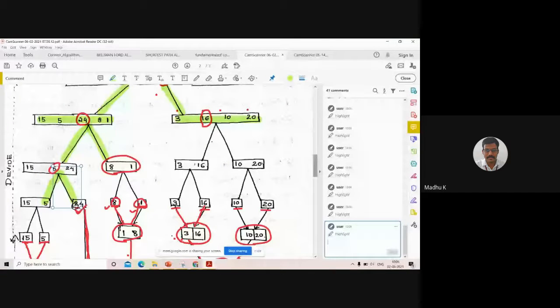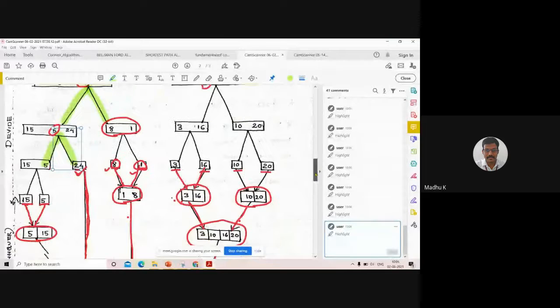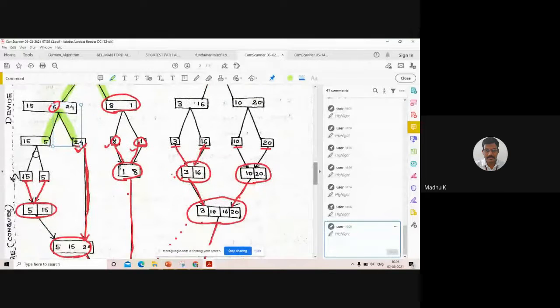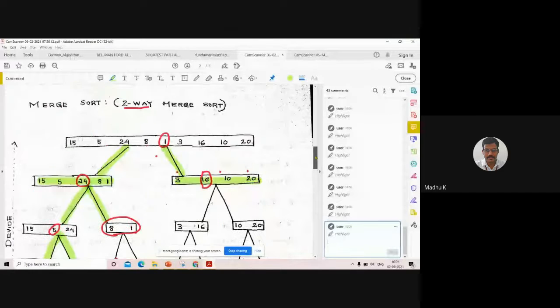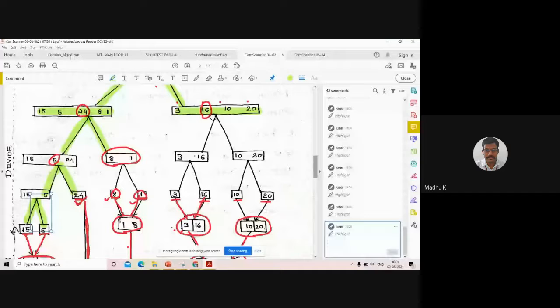Then we will divide it in this way. So this is called the division step, that is from top to bottom we will divide the problem. In this way we will divide all. We will also divide this one.